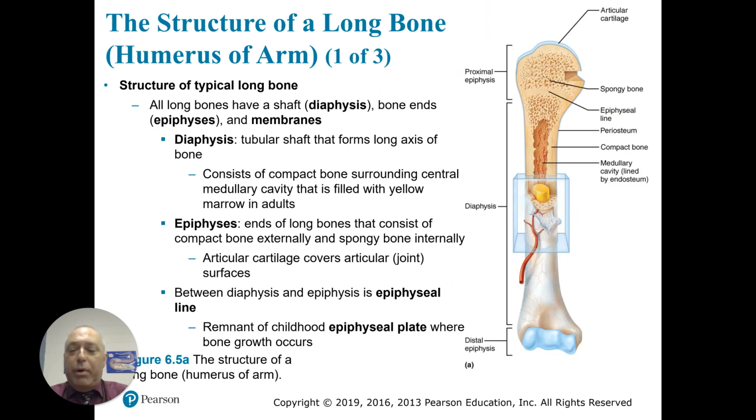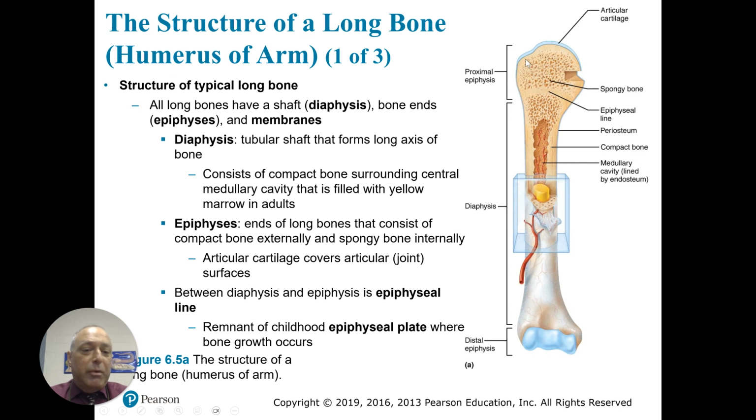Now, looking at a long bone, like the humerus of the arm, there is a typical structure, and we can see articular cartilage at the end near the proximal epiphysis. The other end of the bone is the distal epiphysis, and the middle of the bone, the shaft, is the diaphysis.